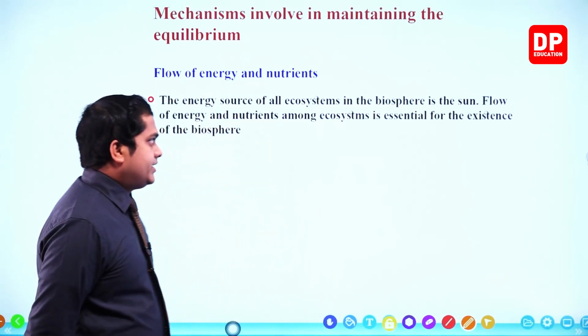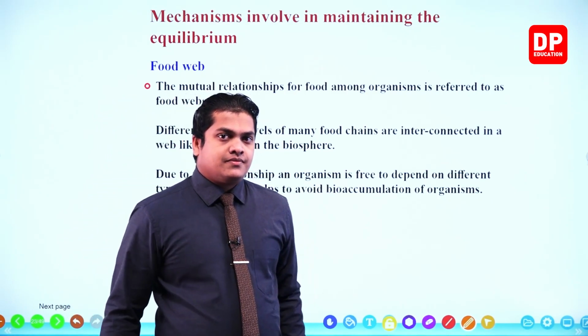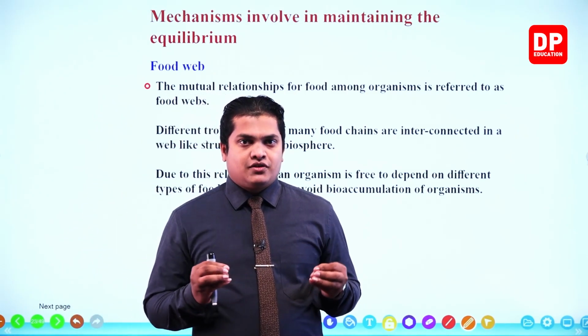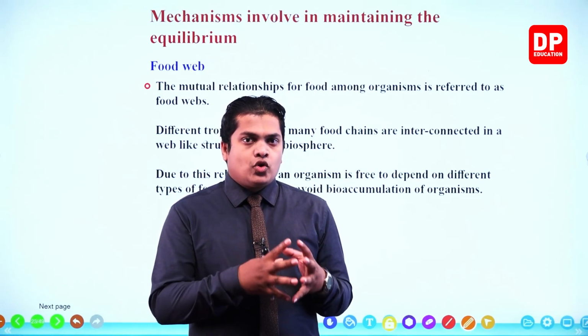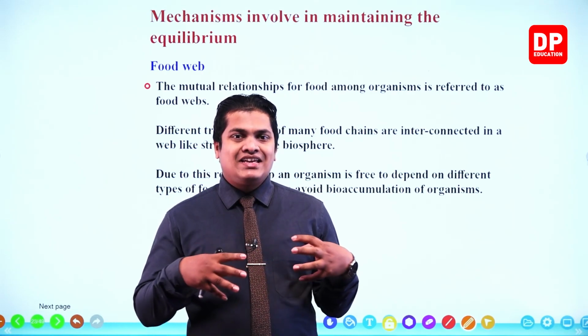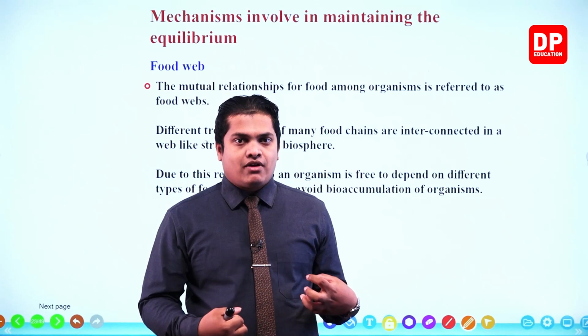Okay, right. Then my dear children, under that you are given another subtopic. So this is the food web. The mutual relationship for food among organisms is referred to as food webs. The mutual relationships mean different types of relationships that can be observed from one organism to another. They are interacting with each other in order to achieve their nutrient requirements.